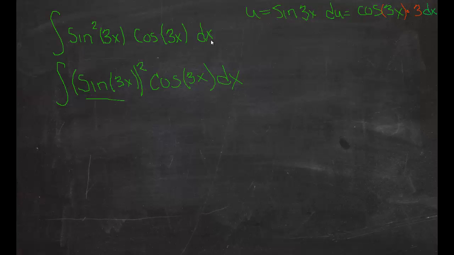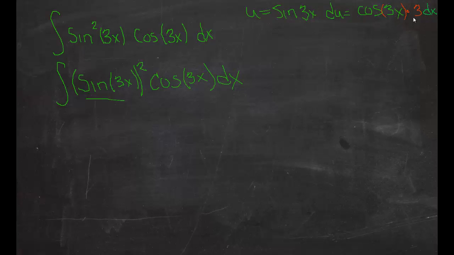And so now what we are looking at, if you look at the original function here, we'll go with this one. What we're trying to figure out is how this could look exactly as this function here. And so we note we have cosine 3x dx, and here we have cosine 3x 3 dx.